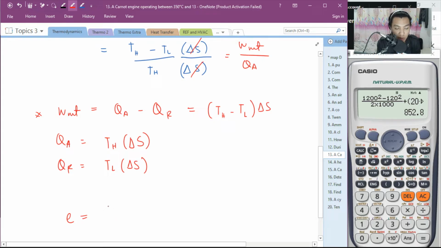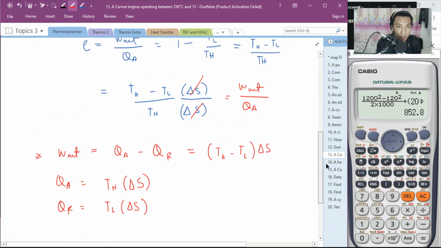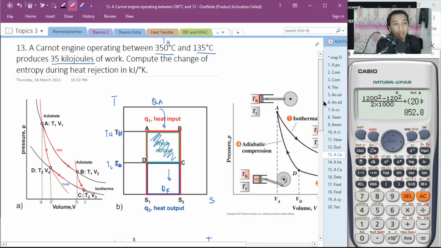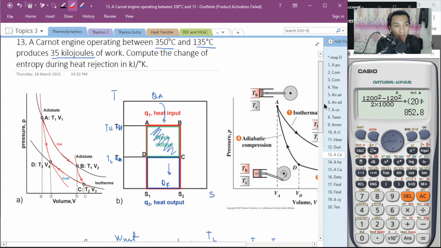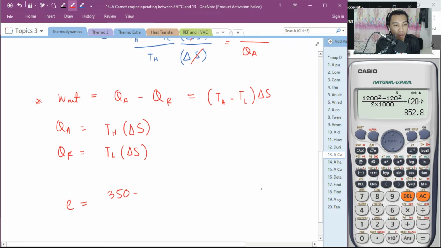The efficiency of the engine is equal to 350 minus, ayun, meron ka palang work na 35 kilojoules. Okay? Meron ka ng work net. Doon na lang tayo magbase sa work net. 35 kilojoules of work. Wala, may seconds ba?